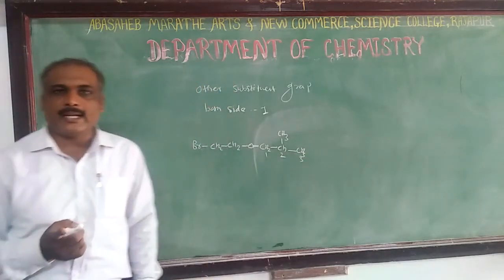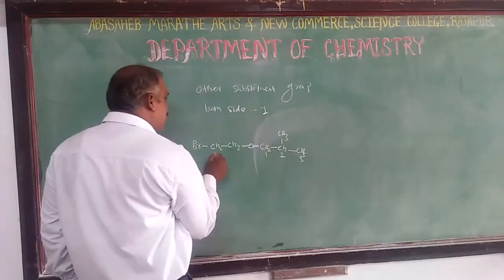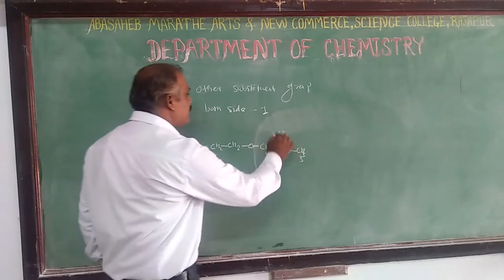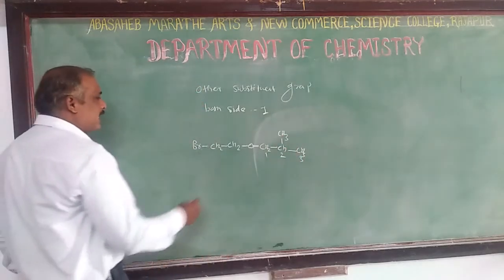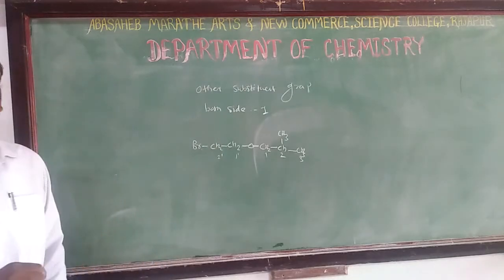Firstly, we select the longest chain of alkane. Similarly, there is another substituent here, and therefore the numbering is like this: 1' and 2'.